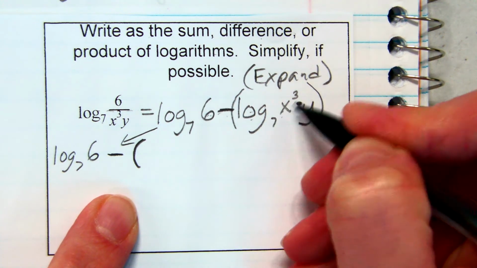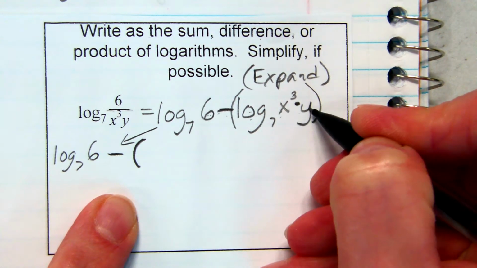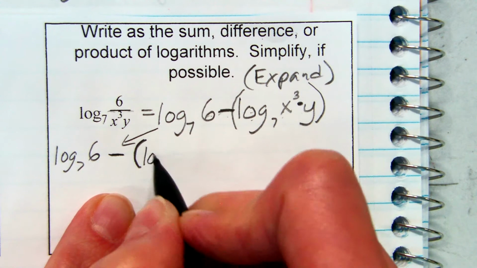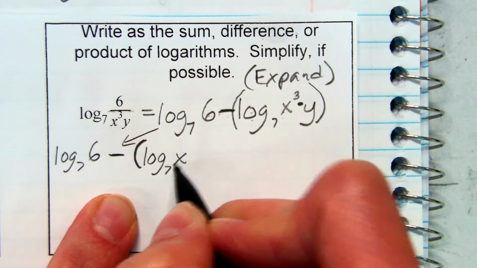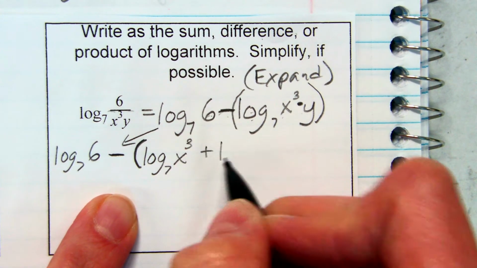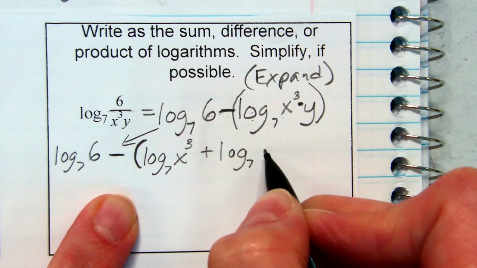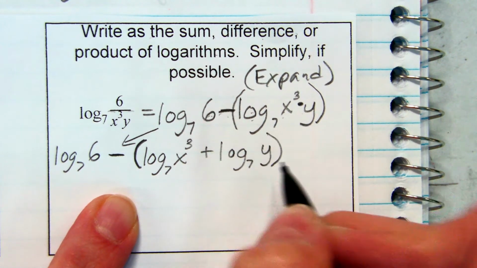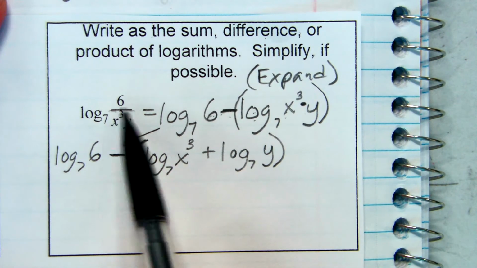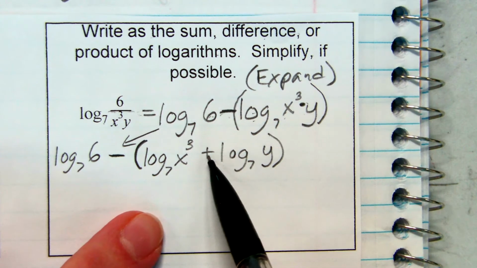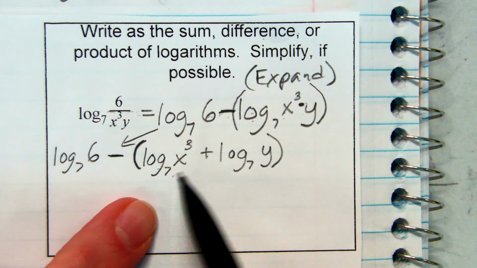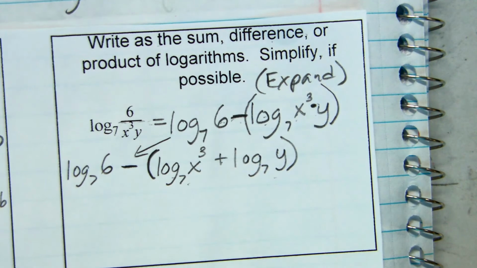If I break the x cubed and the y apart, that would make it into an addition problem. So I'm going to have log base 7 of x cubed plus log base 7 of y. So I broke apart the division first. Then I broke apart that multiplication. Really, you're just writing a log base 7 on each one and expanding it.